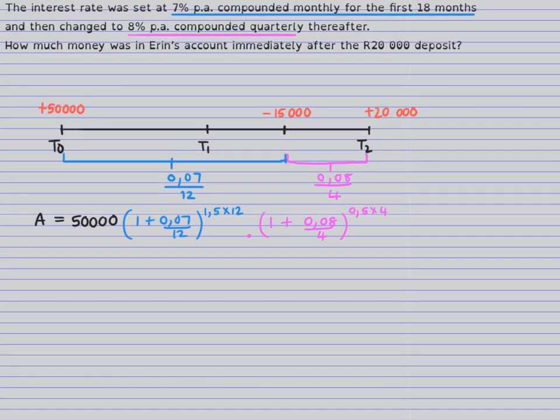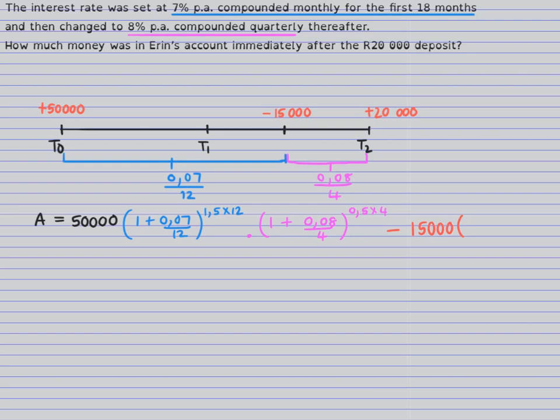Now, from this, we will subtract 15,000 Rand, that withdrawal. But obviously that 15,000 Rand, if it was left in there, would be earning interest. So we're just going to figure out what amount it would have accumulated to if it did stay.